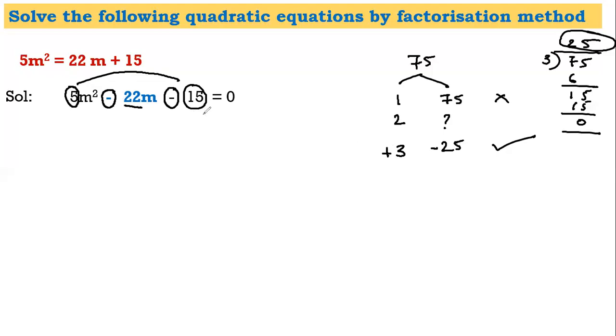Now here the middle number sign was minus, so we give minus to the bigger number, and the opposite sign, that is plus, to the smaller number. This is only for subtraction, not for a sum based on addition like the previous sum. So I think the rule for subtraction is also very clear. So we will split the middle term, that is minus 22m, which can be written as minus 25m plus 3m. Can I write it as plus 3m minus 25m?